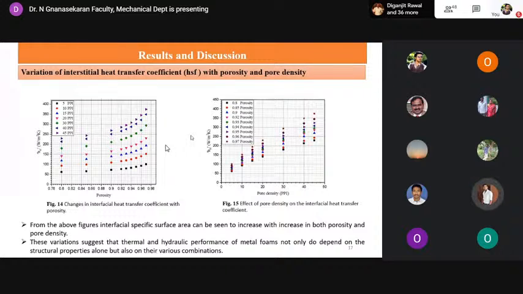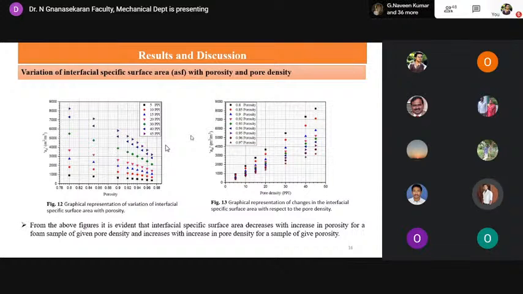So the trends for the surface area density and for the interfacial heat transfer coefficient are different. In the previous case, with respect to porosity the specific surface area is decreasing, but with respect to pore density it is increasing.